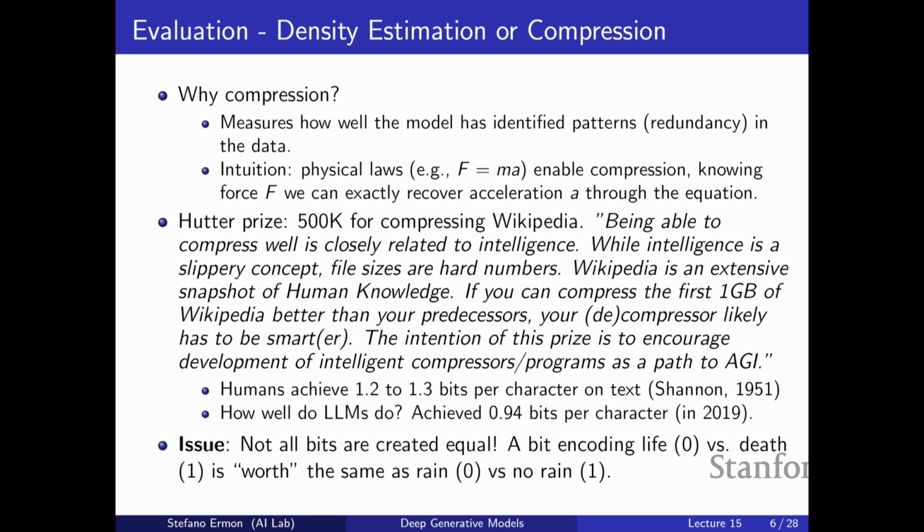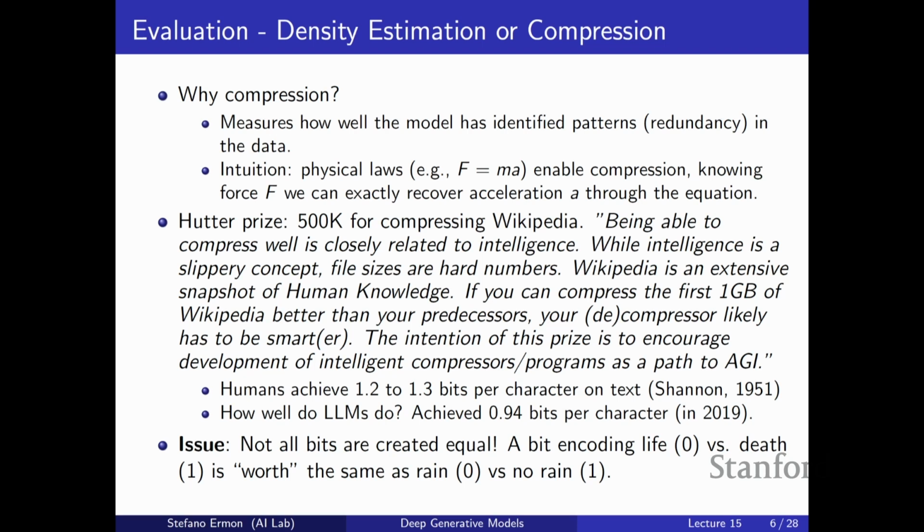But there are issues with compression, and the main issue is that it's probably not a task we actually care about, or not entirely reflective of what we care about. The issue is that basically not all bits of information are created equal. If you think about compression, a bit that is encoding a life or death kind of situation is worth exactly the same as something maybe less important, like is it going to rain or not tomorrow?